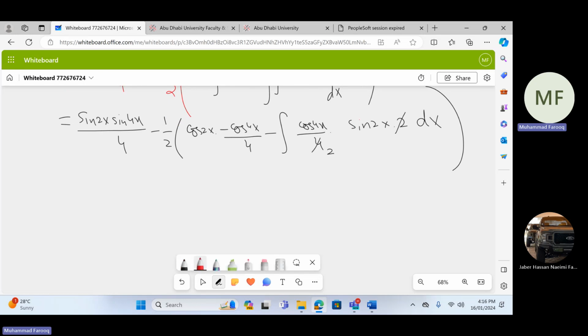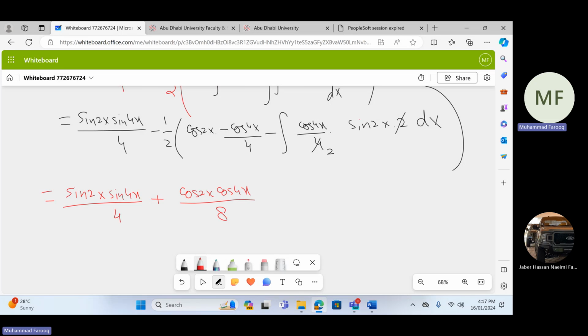Now, sine 2x, sine 4x over 4. Now I will distribute the minus 1/2 inside the bracket. Negative and this negative become positive. So it becomes positive cosine 2x and cosine 4x divided by 2 times 4, how much? 8. Again, please concentrate.